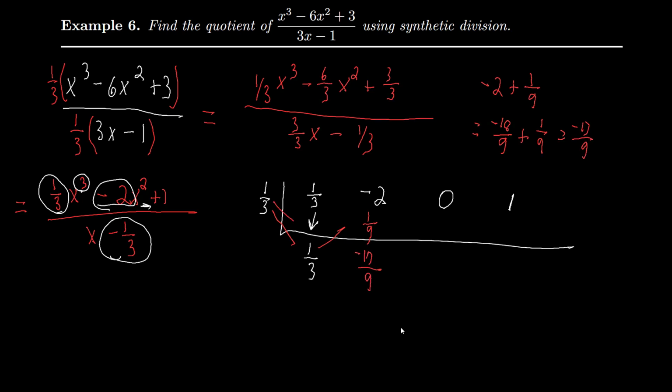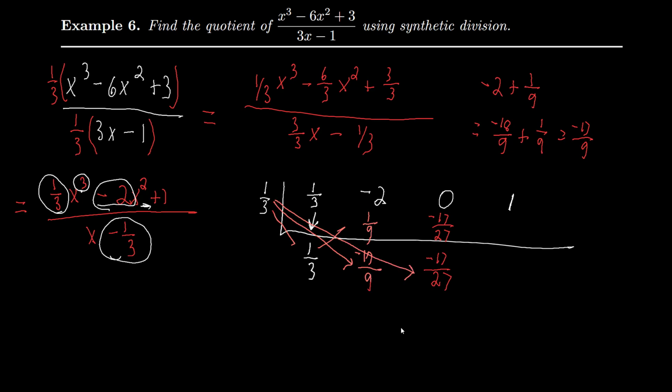Next, and this is just going to get more horrendous as we go along, 1/3 times negative 17/9 is going to be negative 17 over, and then 3 times 9 is 27. 0 plus negative 17/27 is negative 17/27. Okay, let's continue again.